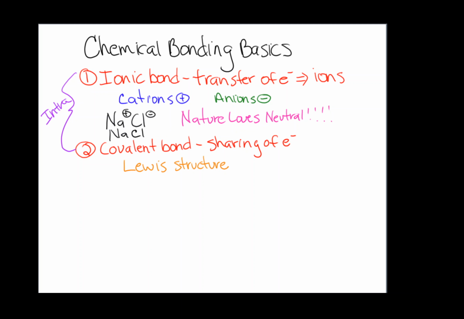Now, covalent bonds, on the other hand, those don't have ions, so we're going to draw some lines to represent bonds. And because I am an organic chemist, of course, I'm going to draw a carbon. Now, in a Lewis structure, we draw these lines to represent the bonds, and every line represents two electrons.